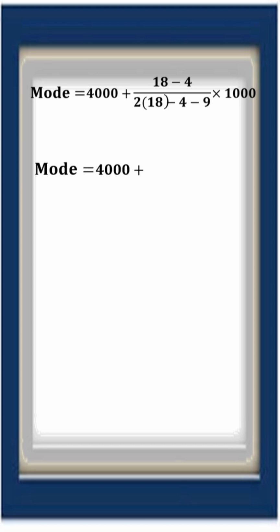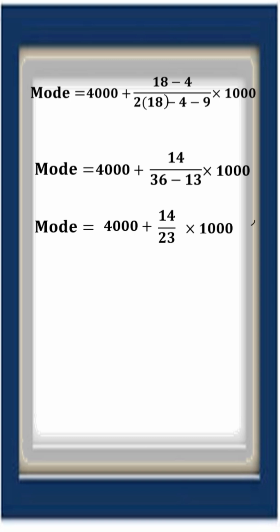So mode is equal to 4000 plus 18 minus 4, which is 14, upon 2 into 18, which is 36, minus 4 minus 9, that is 13, into 1000. 36 minus 13 is 23. So now we have 14 by 23 into 1000.